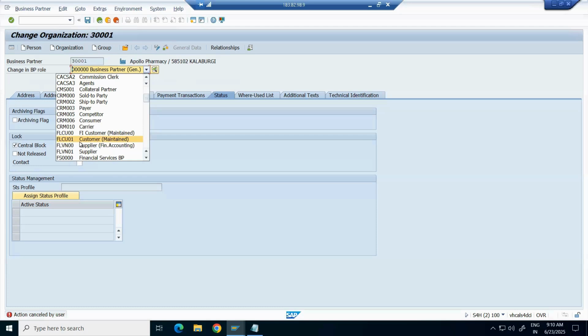So when any customer needs to be filled with the sales information or sales data, then you have to extend a particular business partner to this FLCU01 role. If we are responsible to fill the company code information, then we have to extend the business partner to the business partner role FLCU00. Are you clear now?